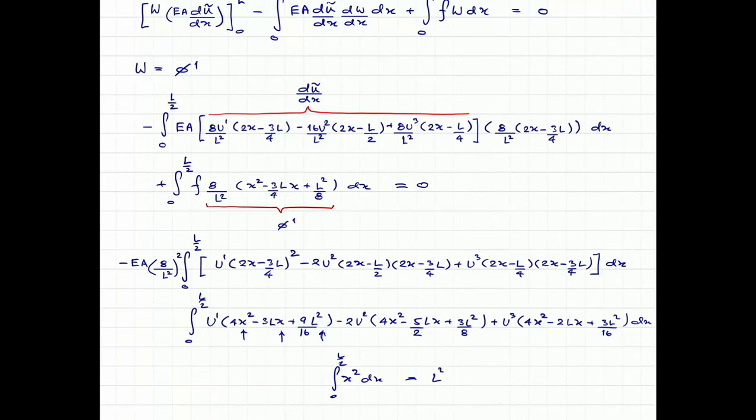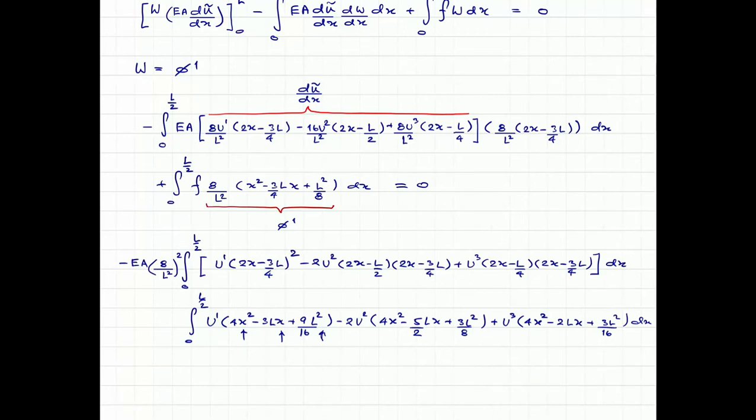You get x cube over 3, 0 to L over 2, which is L cube over 8, right? And then multiply by 1/3, that makes L cube over 24. Okay, this is the first guy, L cube over 24.